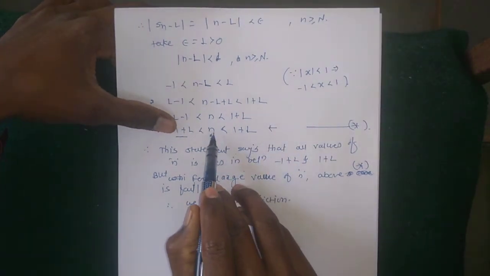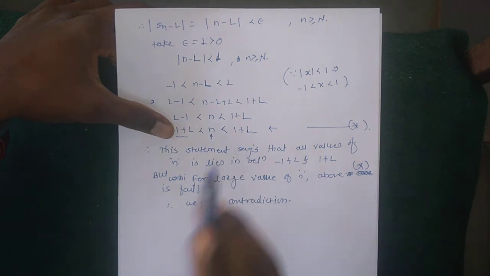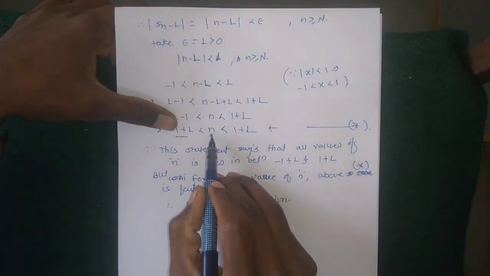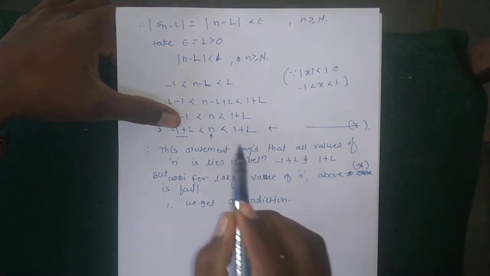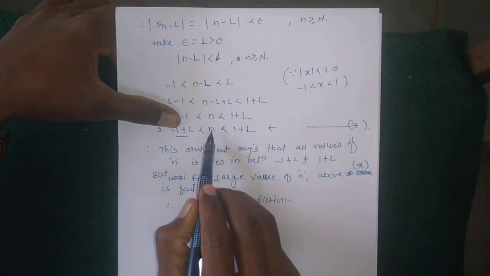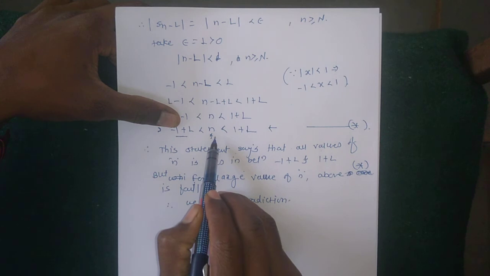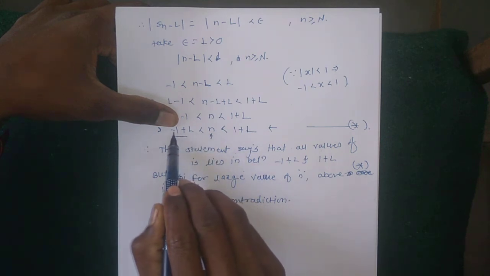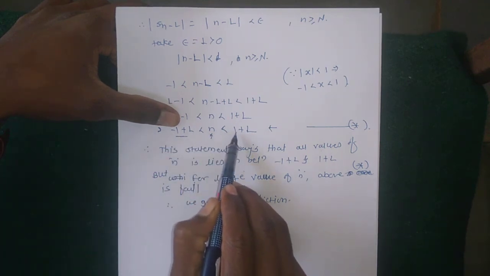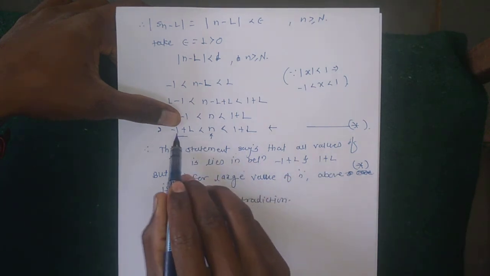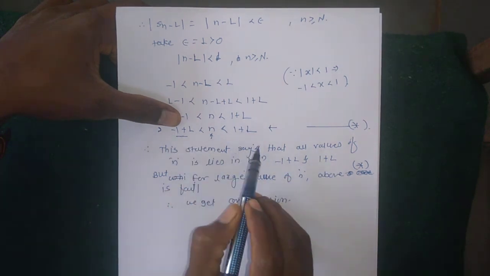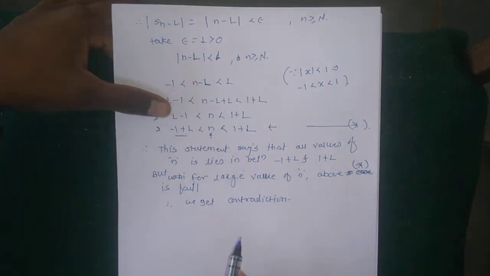Then for large n, n does not belong to -1 plus L and 1 plus L, means does not lie in between -1 plus L and 1 plus L, which is a contradiction.